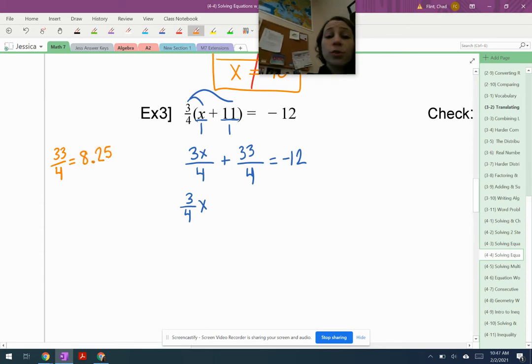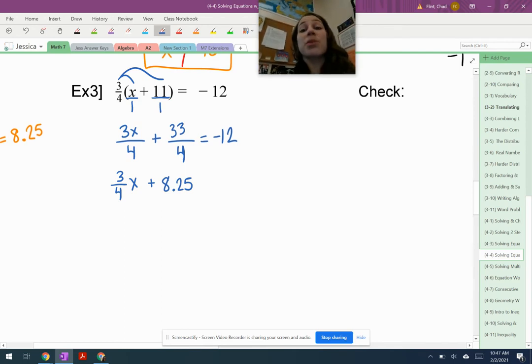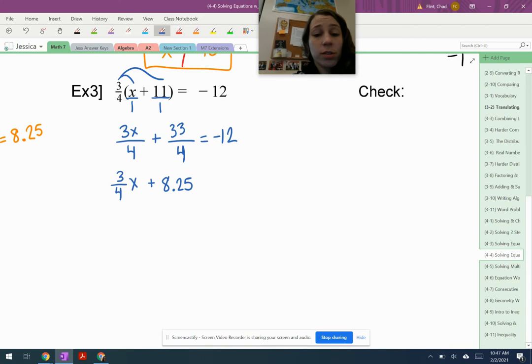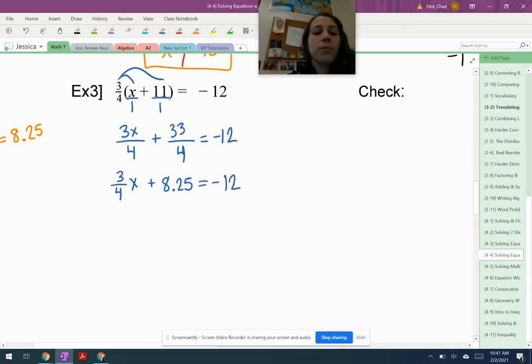So I'm going to use that 8.25 in my equation because it's a little bit easier than the fraction. You can only do that if it's not a repeating decimal. Repeating decimals must remain as fractions. And I think one of your homework problems asks you to leave it as a fraction.